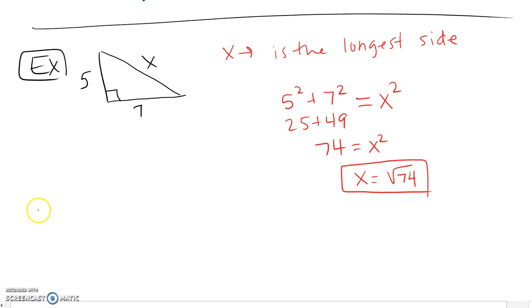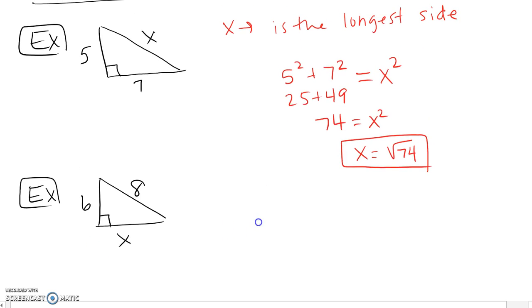So last example here for these notes. By the way, my drawings are not to scale. Just be aware of that. Once again, it matters which side is the longest side. 8, that is the longest side. So it's the one that has to go all by itself in the equation. 8 squared.